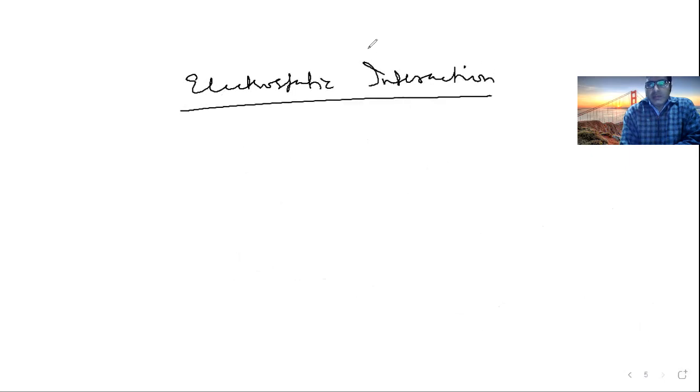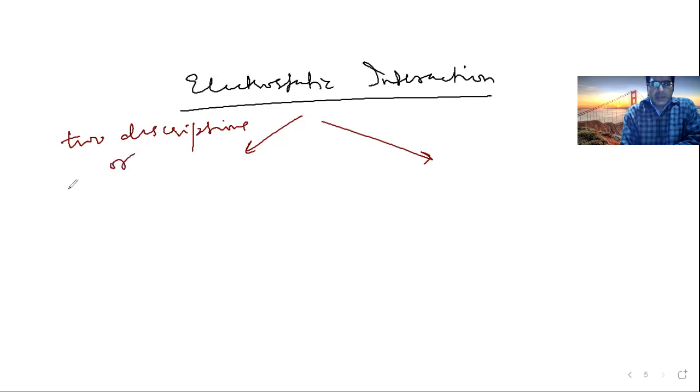When we talk of this electrostatic interaction, there are two possible descriptions for this force, or I say there are two points of view.